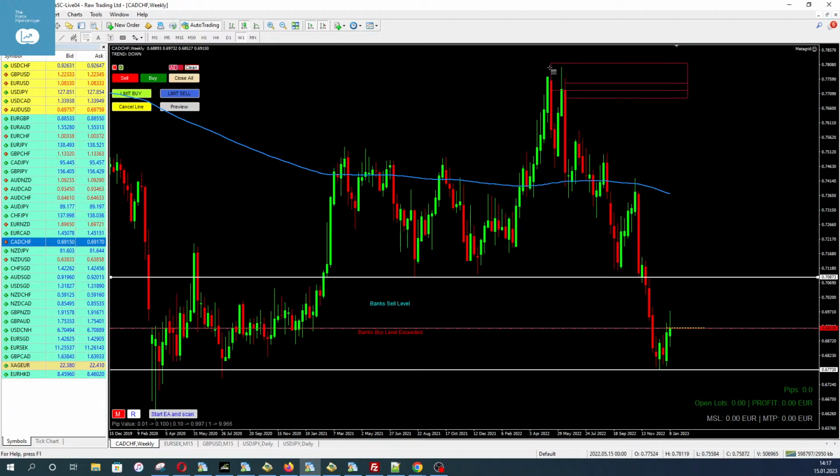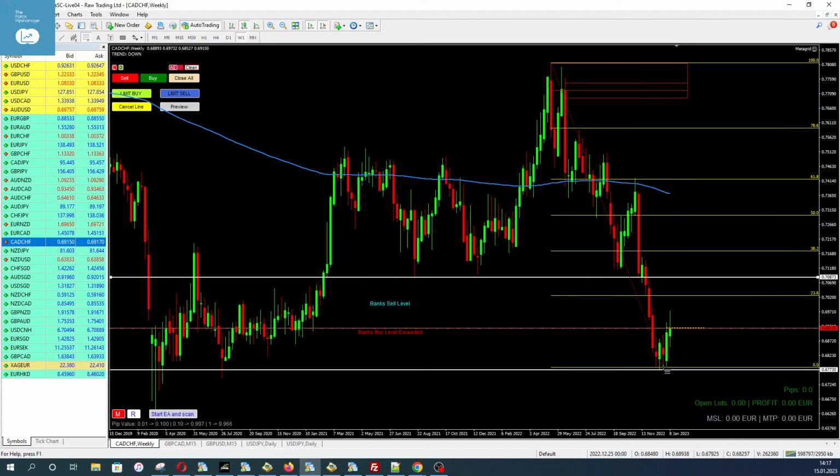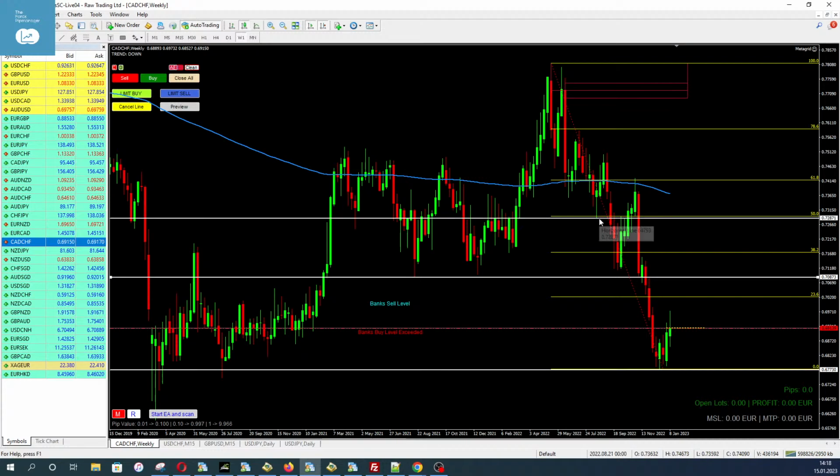Let's check with the FIB tool from this high to this low. It's not a perfect match here. This is resistance. A really nice place would be the 50 level. You can see the 50 level is exactly on this little resistance candle. So we will see what happens here.